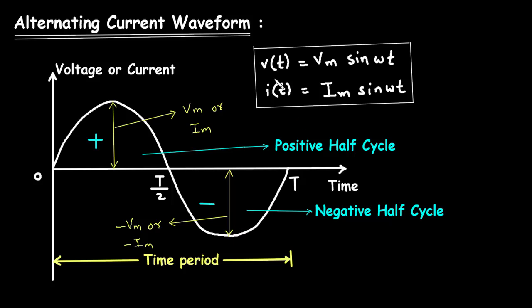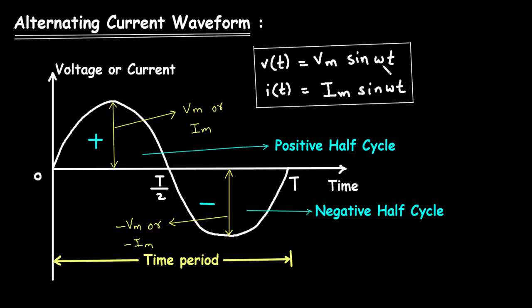Now here we can see V of t represents this waveform, so it is for voltage, and similarly for current. So V of t is equal to Vm sine omega t. Vm is the maximum value of voltage. Sine omega t represents the shape of the waveform. It is starting from 0, so it is a sine wave.